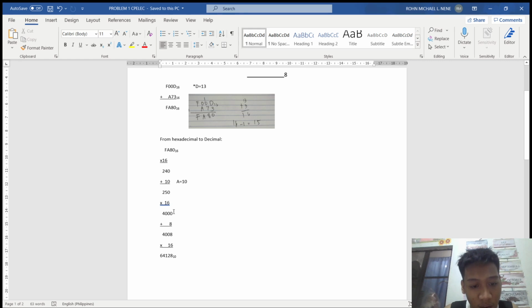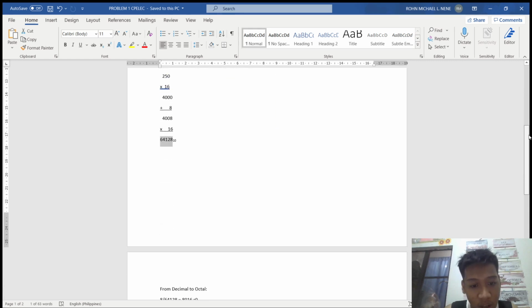Then again we will multiply it to 16, which is 64,128. I didn't include the next step, which is it will be added to 0. That is why I skipped that part, since the result will be the same.